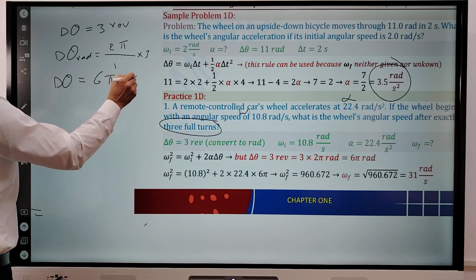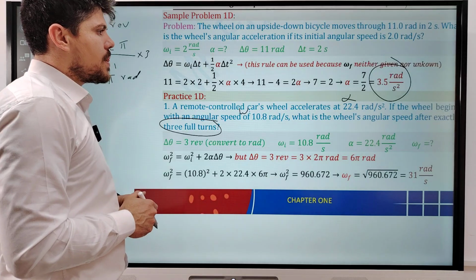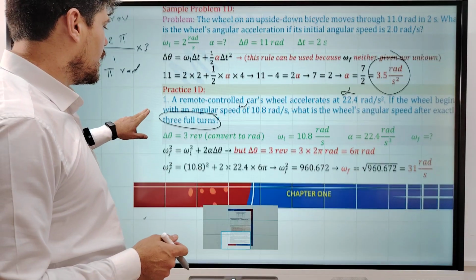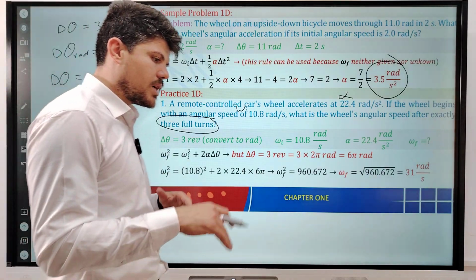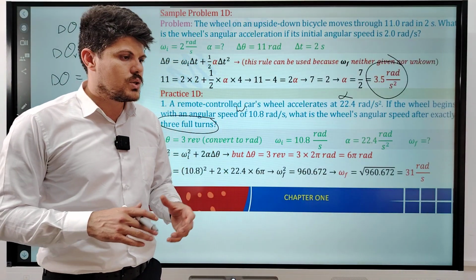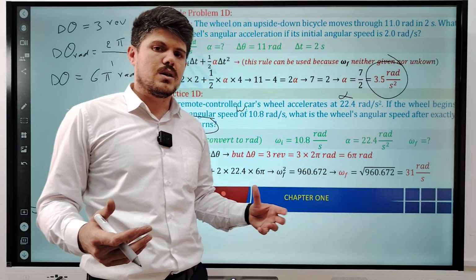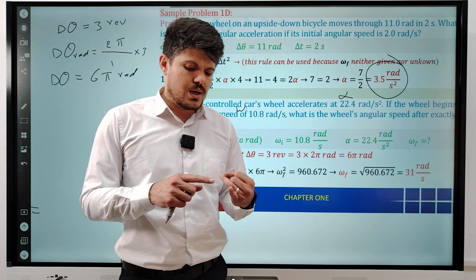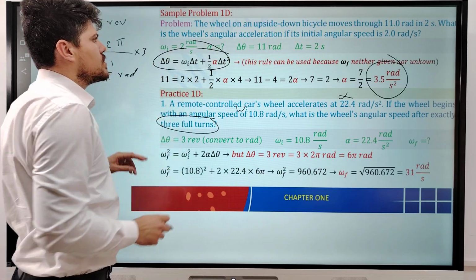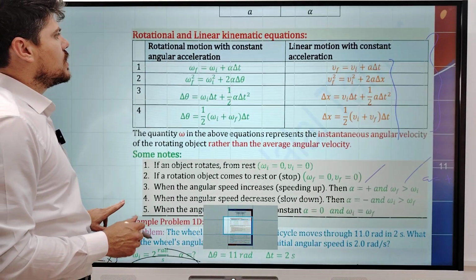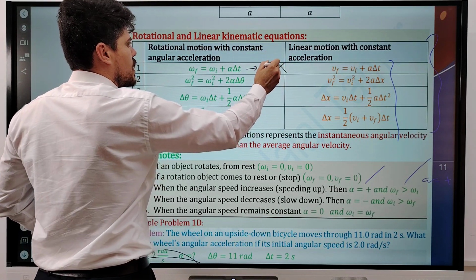In this question, the time is not given. If you have a hard time selecting which equation can be used, remember: the first equation can be used when delta theta is not given or not required to find.